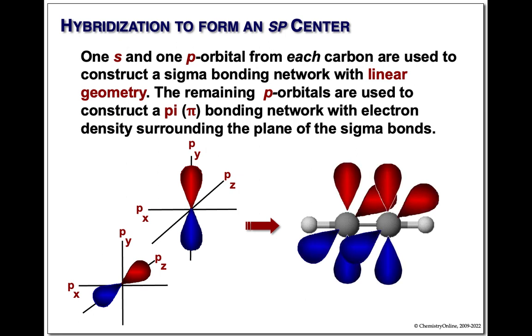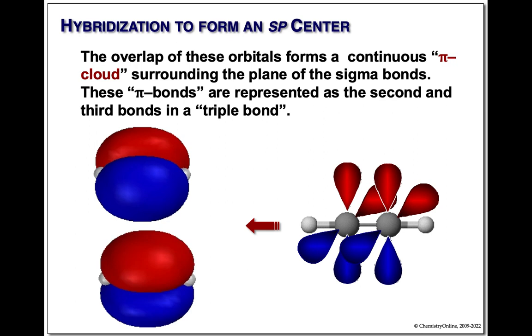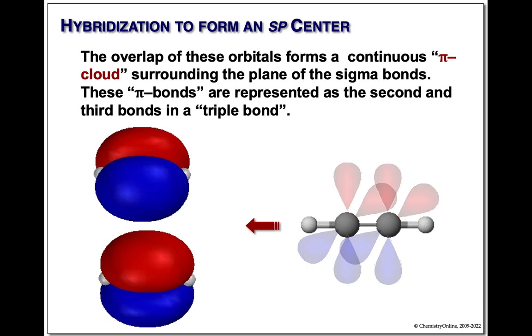We can line these two up. We can line these two up. This is going to be one pi bond. This is going to be our second. We wind up with two overlapping pi bonds, two hot dogs, if you will, and that's our triple bond. One sigma and two pi's.